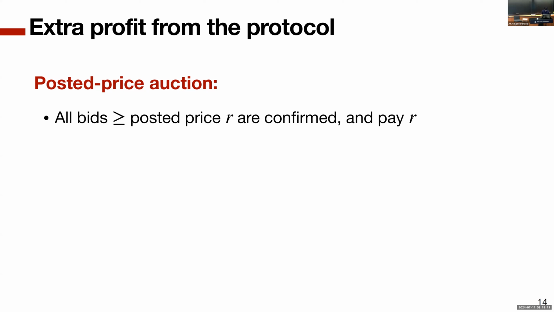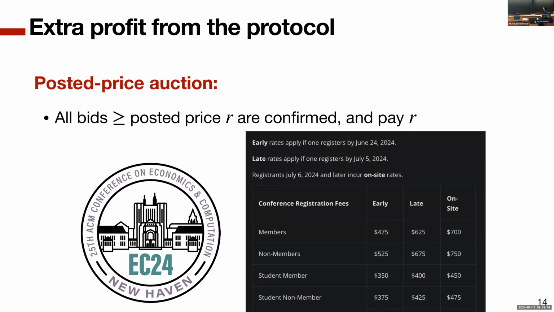I can give you a perfect example of a posted price auction, and I believe you must know this. You can think of a posted price auction as take it or leave it. Is your true value higher than this? If no, if your true value is lower than this, you must bid untruthfully.